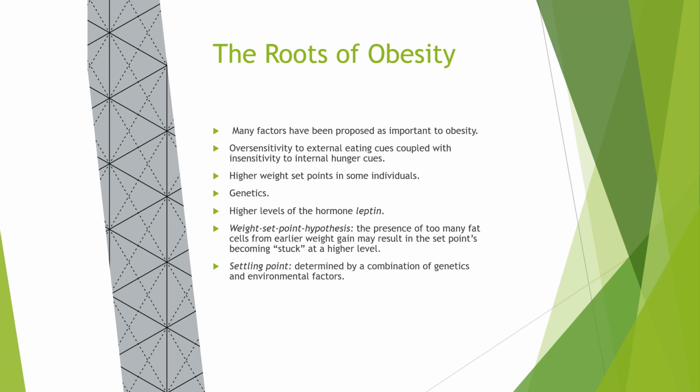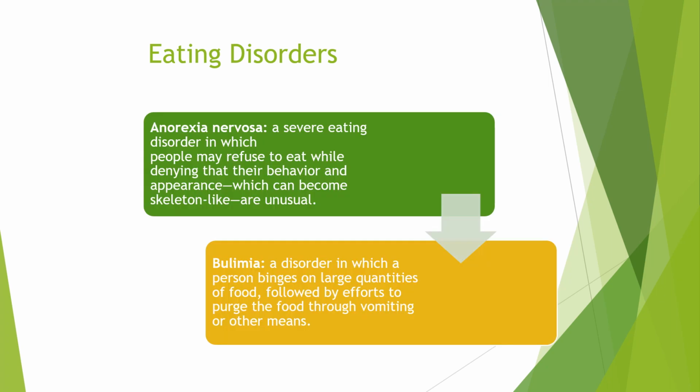Now, the opposite end of obesity is when we have eating disorders. Obesity is an eating disorder, but I'm going to focus more so on extreme weight loss. So when we talk about eating disorders, we have both anorexia nervosa and we have bulimia nervosa. Okay? So first off, anorexia nervosa.